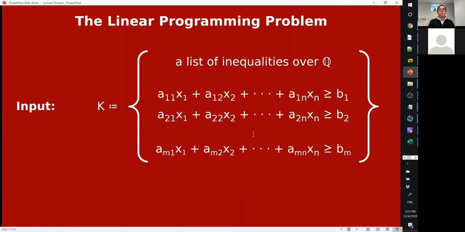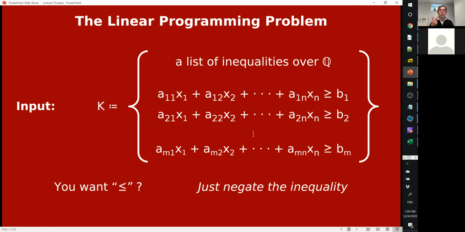It looks a little bit oversimplified because I only have inequalities. But you can make a few variants on this, as you possibly know. If you want less than or equal to, instead of greater than or equal to, you can do that just by negating the inequality.